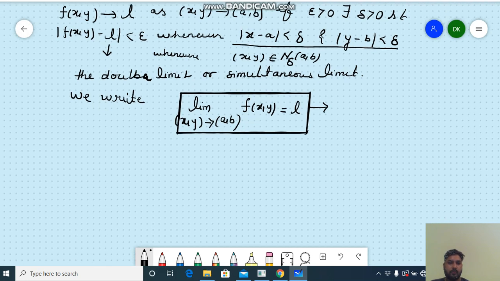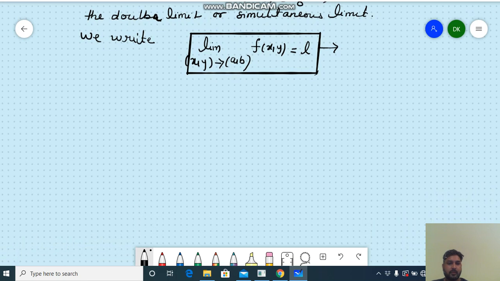Now we will discuss a new term related to limit of function. This is repeated limits.